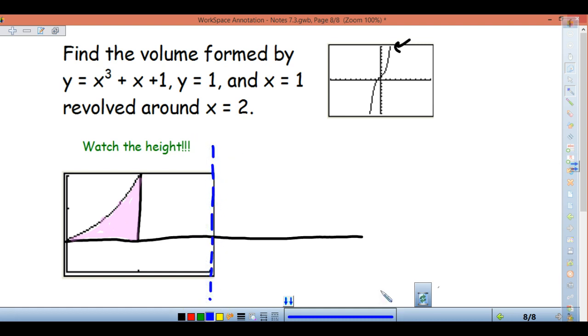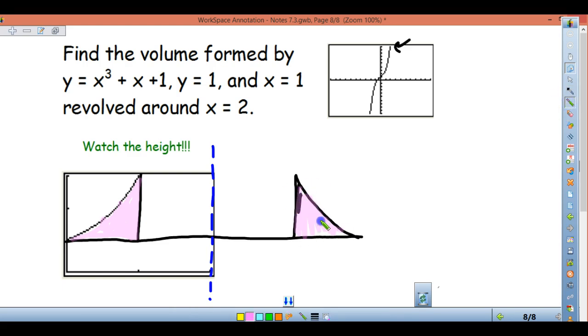If we're revolving around that line, we want to draw in the other part of the solid over here, trying to make a symmetrical 2D representation. If we color that in a little bit, drawing in that other half would help you to sketch in a shell.